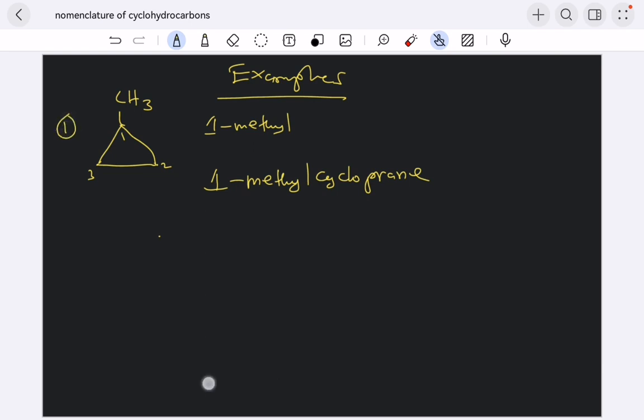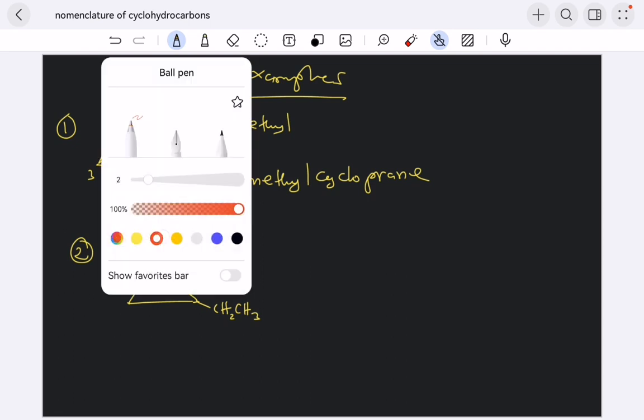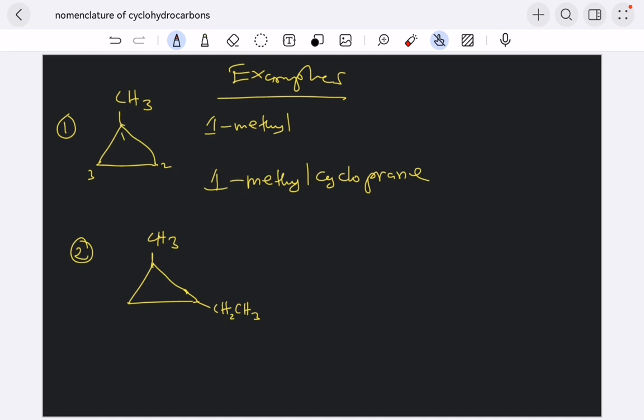Now, what about the situation where we have the same hydrocarbon, but let's say we have a CH3 here and we have a CH2 CH3. So these are two different substituents. If we're considering cyclopropane as a parent, we have a substituent here and this is a substituent.